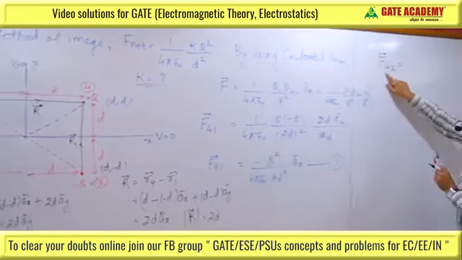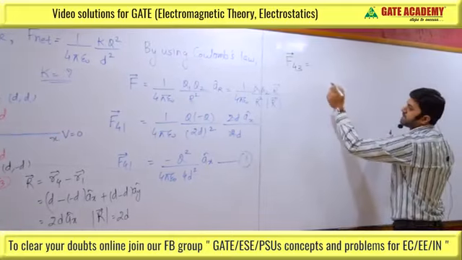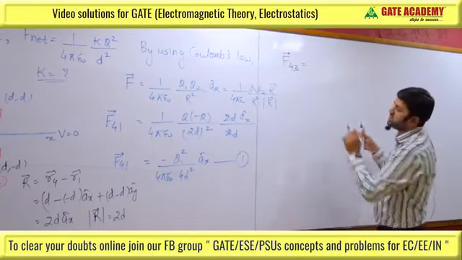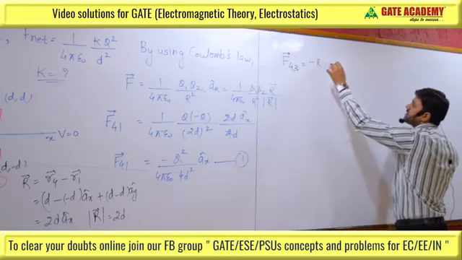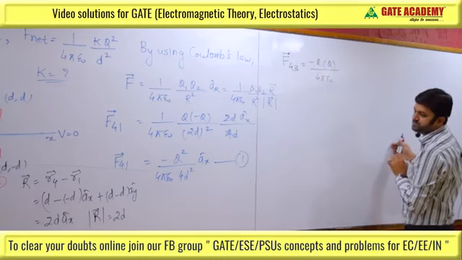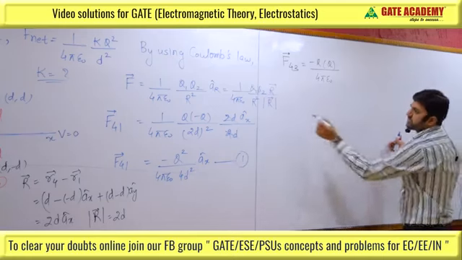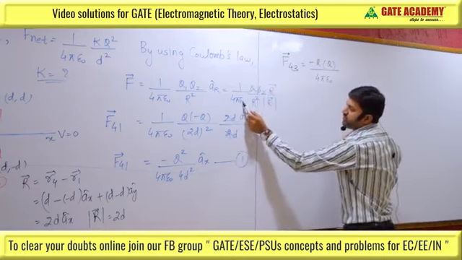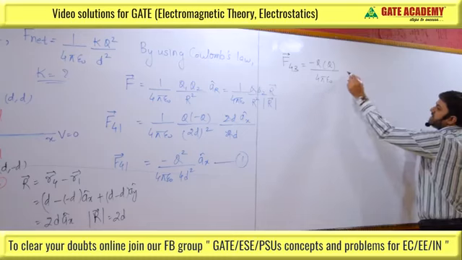So force on 4 due to charge 3, and the point charges are both minus q and q: 1 upon 4 pi epsilon naught, q1 q2, q and minus q, upon r square.